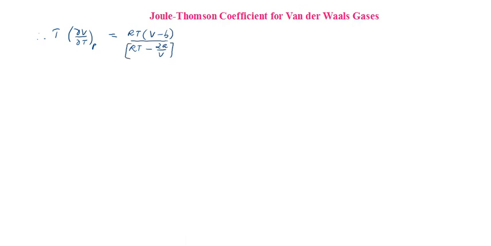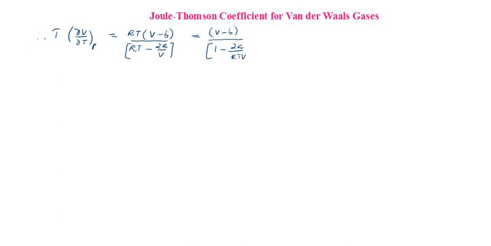Now I can modify this once again. Suppose I divide by RT throughout, in the numerator and denominator. It will be simply V minus B, just rearrangement, divided by, so RT is gone, the denominator will be 1 minus 2A by RTV.